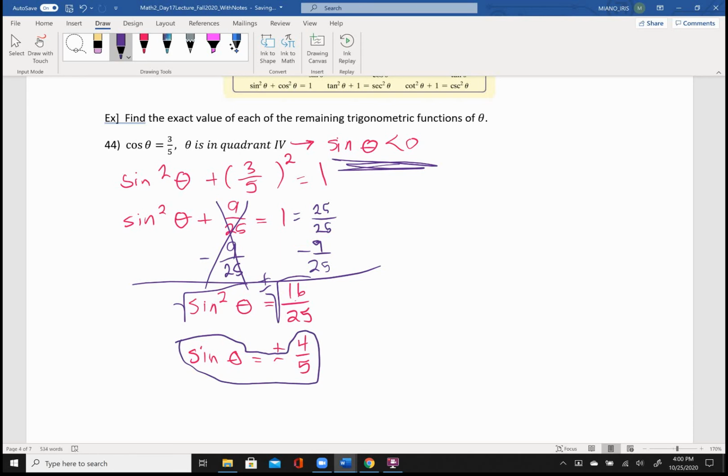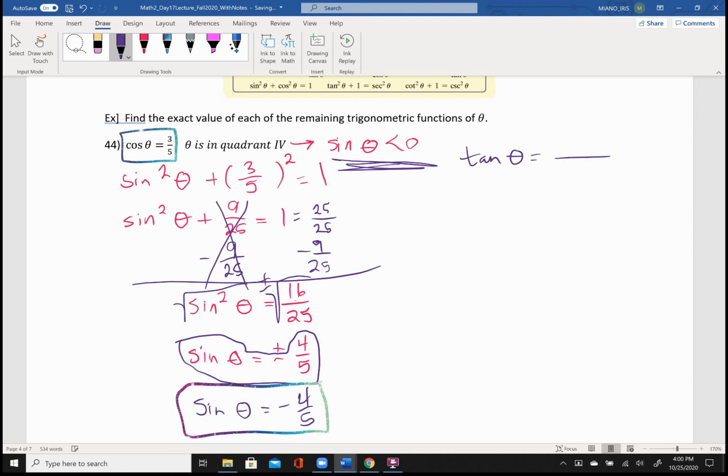So great. We have all the information that we need in order to write out all of the remaining trig functions. We were given cosine of 3/5. Check. I'll box that up. And then we have the sine of theta equaling negative 4/5. I'll rewrite that so it's cleaned up a little bit, and we'll box that up. Now let's get the tangent theta.